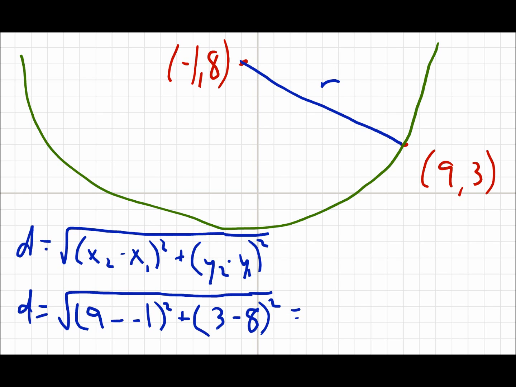Simplify that. 9 minus negative 1 is 10, and 10 squared is 100. 3 minus 8 is negative 5, and negative 5 squared is 25. So the radius is the square root of 125.